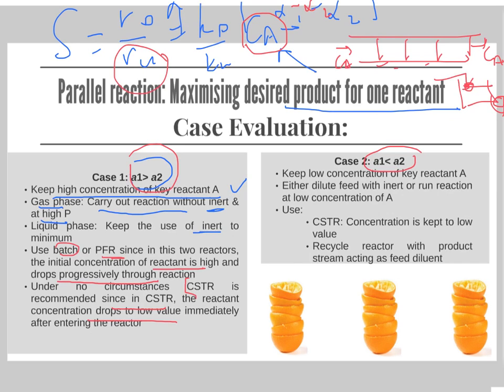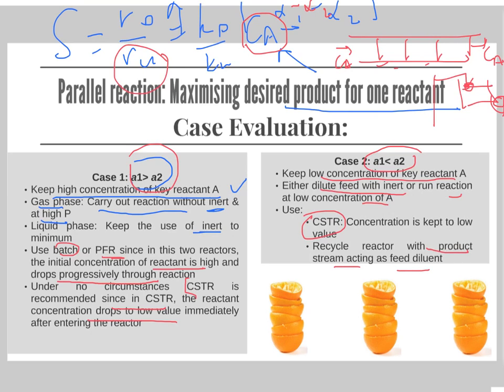So what we have to do is keep a low concentration of key reactant A and dilute the feed with inert, or run the reaction at low concentration of A. We use a CSTR, because the CSTR has the advantage of dropping the concentration straight away to the exit concentration. Or you can also use a recycle reactor with the product stream acting as feed diluent.